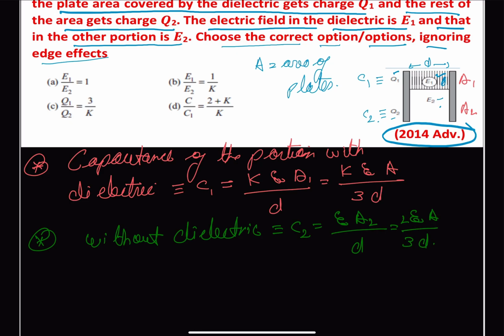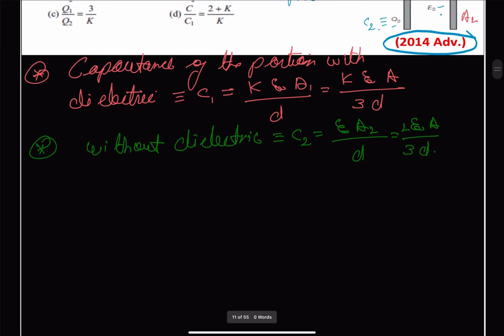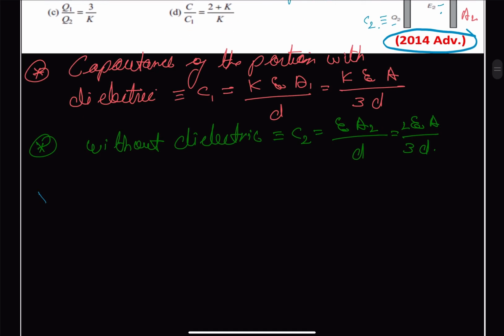Now the total capacitance will be the summation of the two, C1 plus C2, because they are in parallel. Therefore we can say total capacitance, let us call that C, will be equal to C1 plus C2.